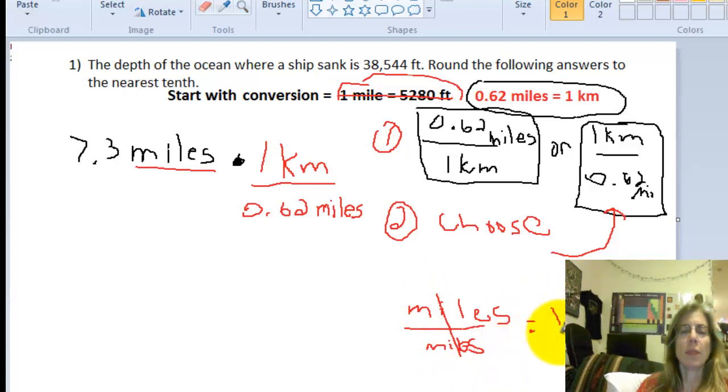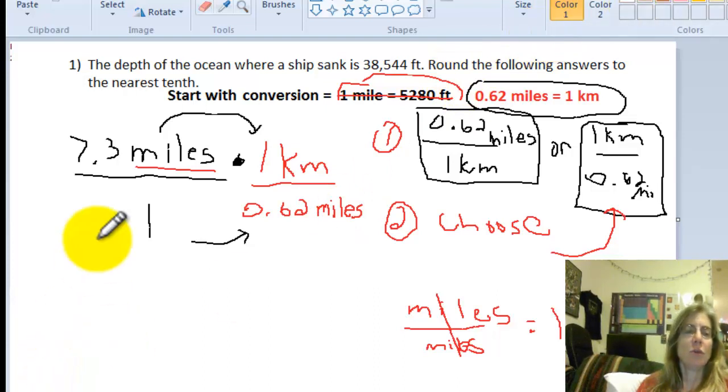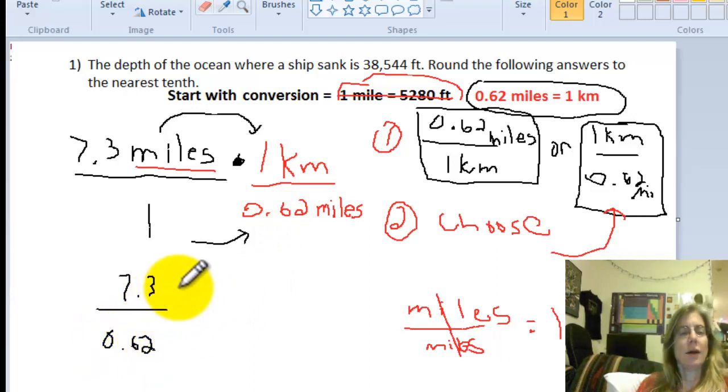It equals 1. So once again, you can place this over 1, and so you multiply your numerators and you multiply your denominators, standard how to do fractions, and you will get 7.3 times 1, which is 7.3, over 1 times 0.62, which is 0.62, and your miles will cancel, and you have kilometers when you're done.